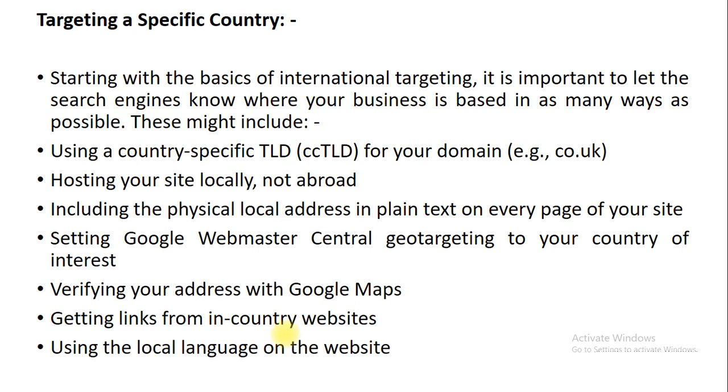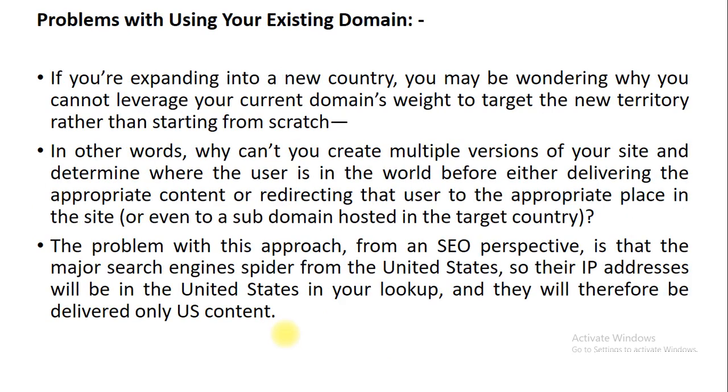Next is getting links from in-country websites and using the local language on the website. As I have told you, suppose your website has been developed for the country China, at that time you need to use the local language, like Chinese, to get more customers and create good traffic on the website.